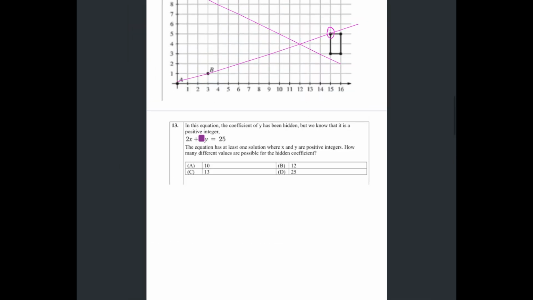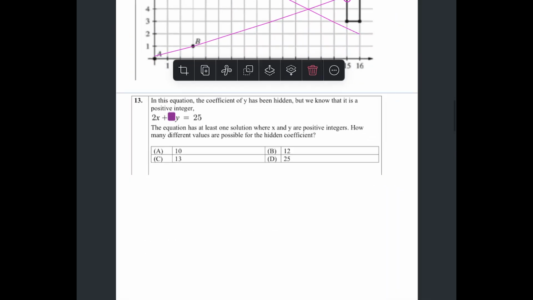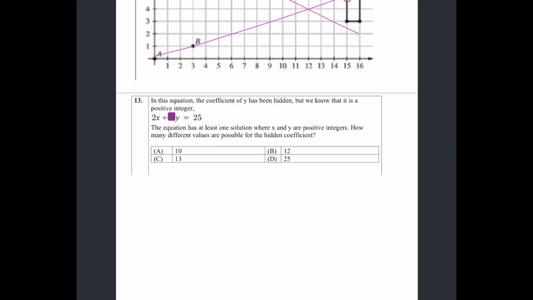Okay, so in question number 13, we're told that in this equation the coefficient of y has been hidden, as you can see here, but we know it's a positive integer. Okay, let's take the hidden integer as k, so let's write this as 2x plus ky is equal to 25.